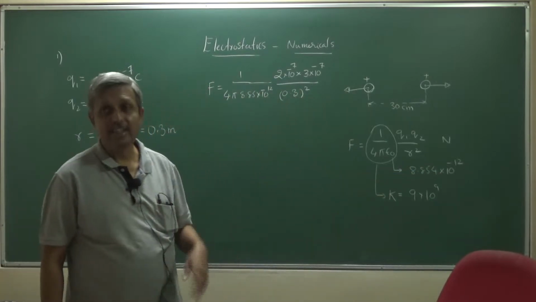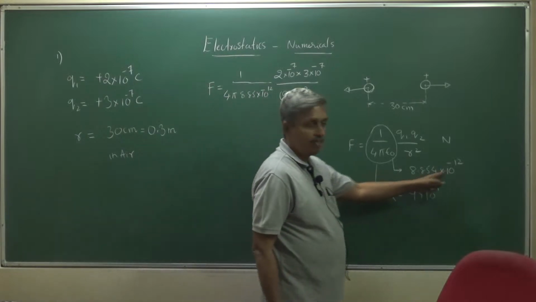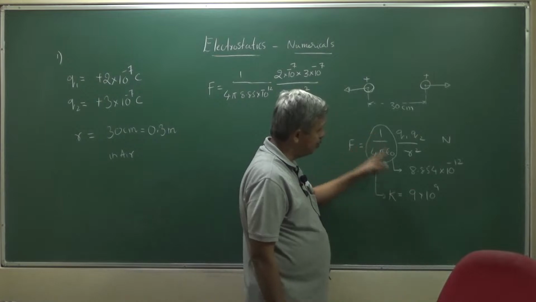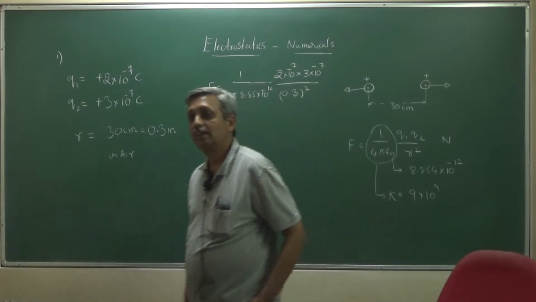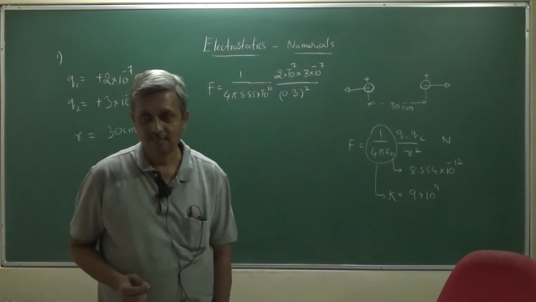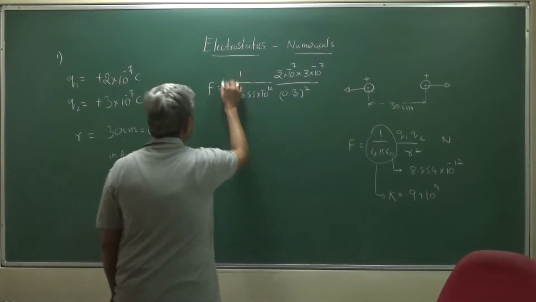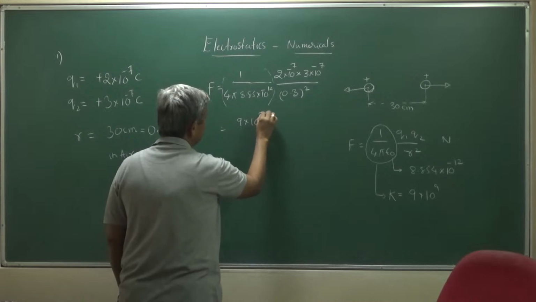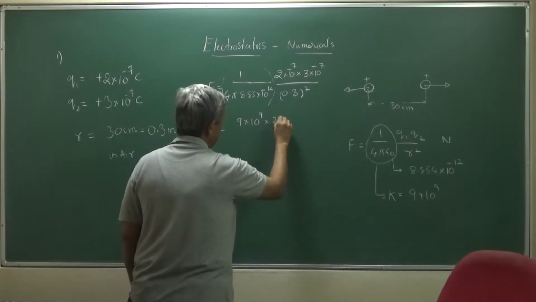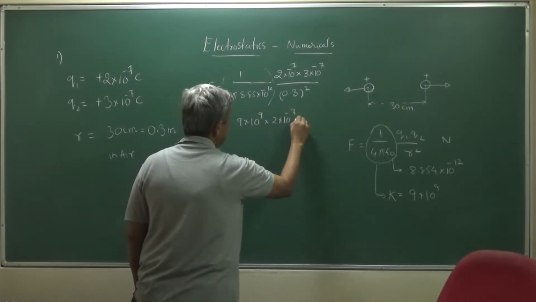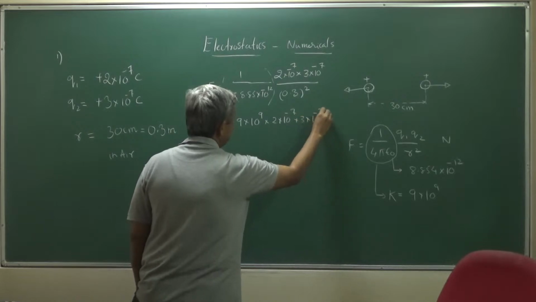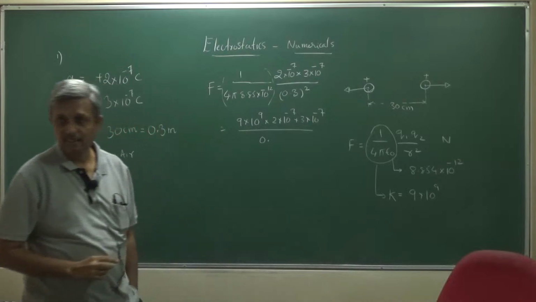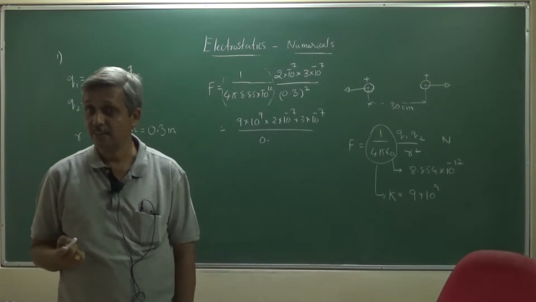They have actually calculated the value 8.854 into 10 power minus 12 into pi into 4, taken the reciprocal, and got this value. They have already got that value ready-made. So we will simply write in this place 9 into 10 power 9, and this one with 2 into 10 power minus 7 and 3 into 10 power minus 7, divided by 0.3 square. 3 square is 9.